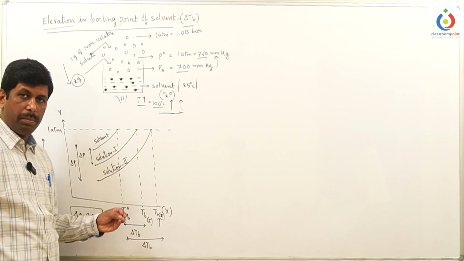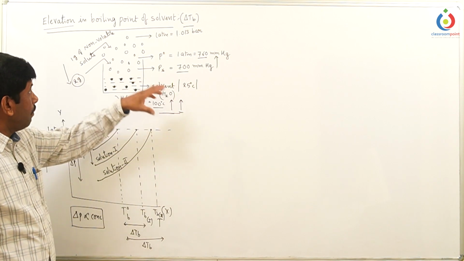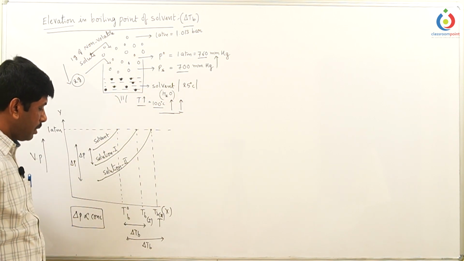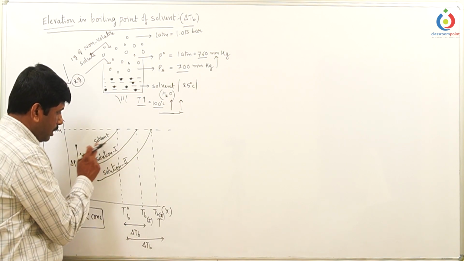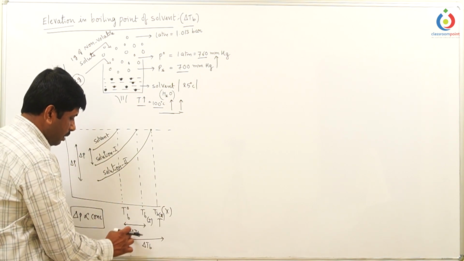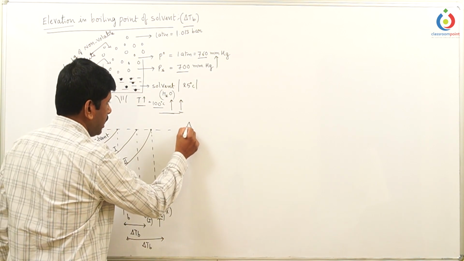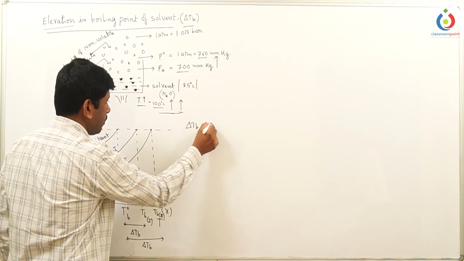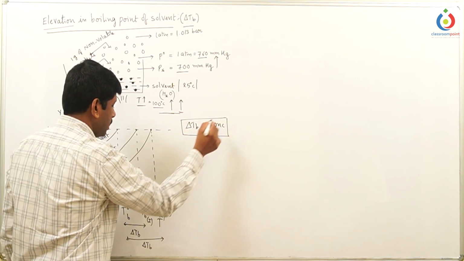Delta TB represents the enhancement in the boiling point of the solvent, which is called the elevation of the boiling point. When the concentration of the solution increases, the boiling point difference also increases. So we can say that delta TB, the elevation of boiling point, is also directly proportional to the concentration.